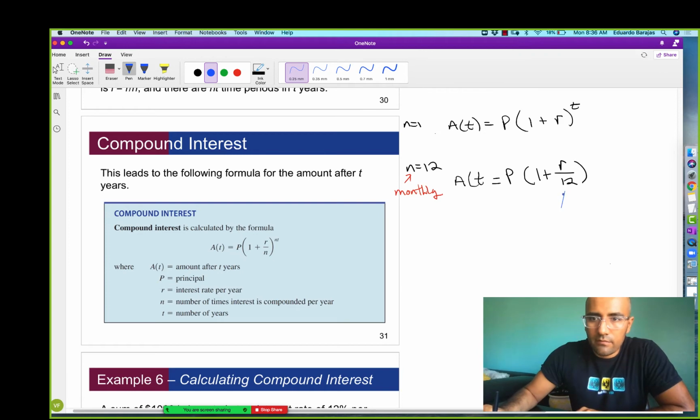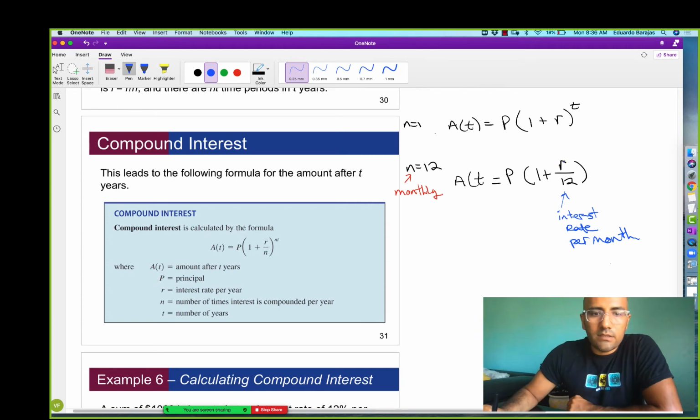Put it down here. Okay, because R is going to be given to you in terms of rate per year, but if you're doing compounded monthly, that means that if you take that annual rate and divide it by 12, you get the monthly rate. And now you need to figure out how many cycles of the compounding must happen.